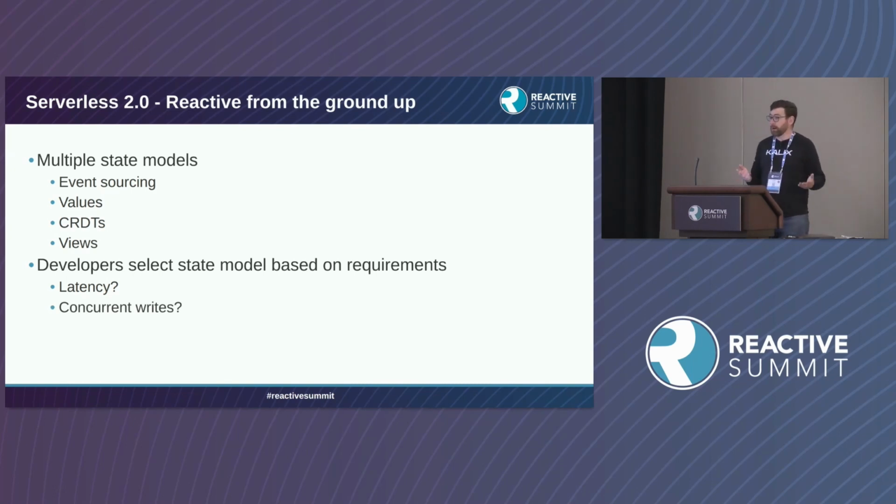Similarly, if they want concurrent writes or if they don't want concurrent writes, they'll use different state models for that. And depending on their consistency requirements, so do they want eventual consistency, do they want strong single-writer consistency, they'll select a state model that meets those needs.